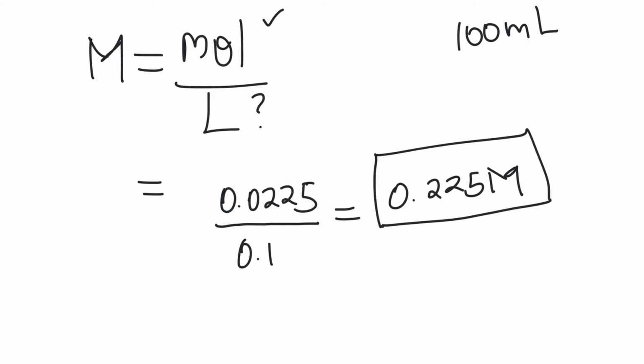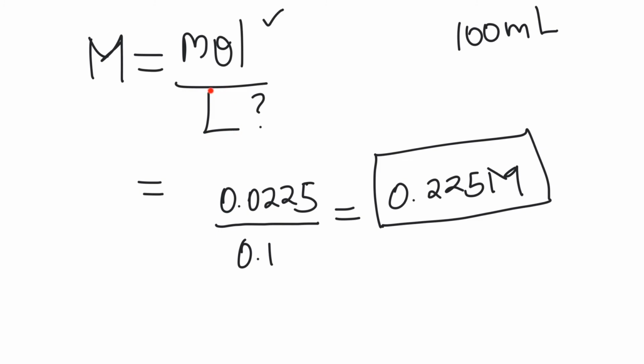Does that make sense? Well, yes, it does, because two things happened. First of all, you used up some of your hydrochloric acid to react with sodium hydroxide. Second of all, your volume went up, right? If you look at the equation for molarity, the volume is on the denominator side.